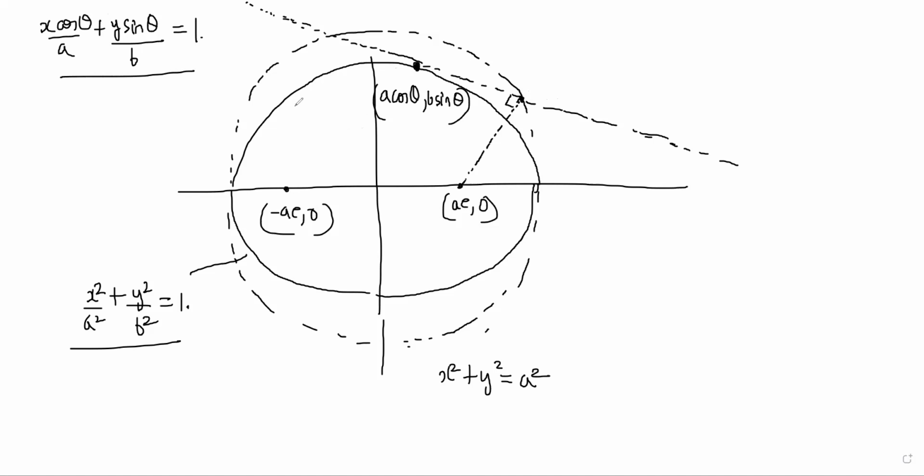Now, where does this line cut the circle? It will cut the circle at 2 points, but solving it will again probably be annoying. Can we prove it in some other way?